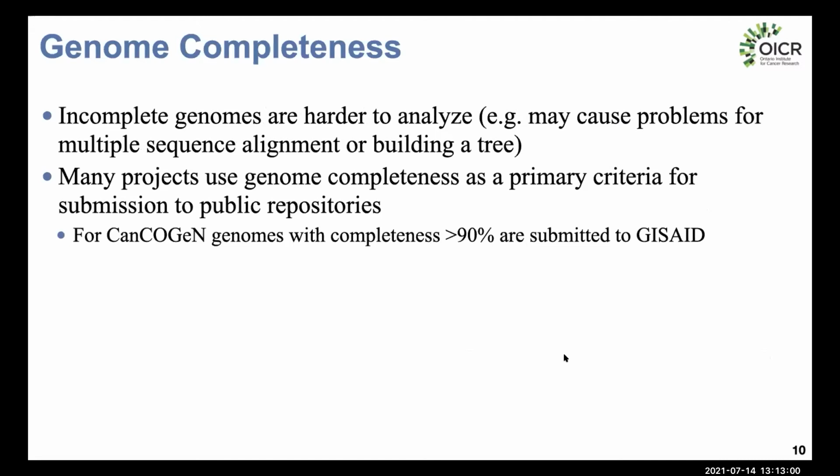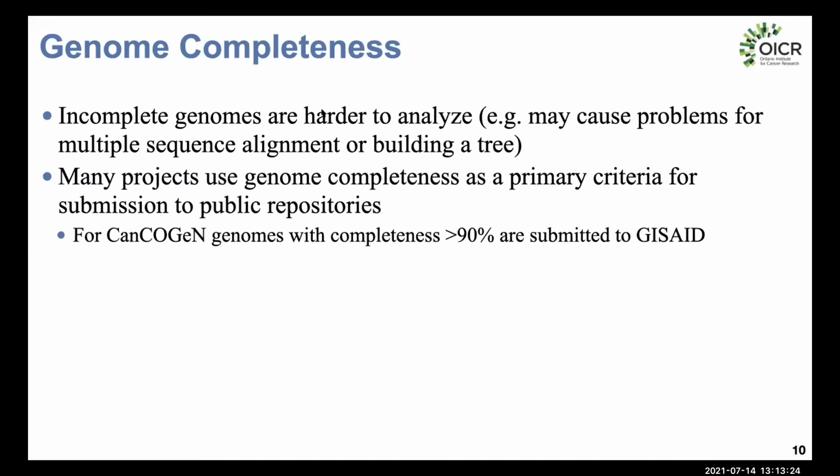Now, the reason we use this as a QC criterion is that incomplete genomes are much more difficult to analyze. You may not be able to reliably assign a lineage using a tool like Pangolin, which you'll hear about tomorrow, or it might just be difficult to construct a multiple sequence alignment to build a phylogenetic tree if your genomes are highly incomplete.